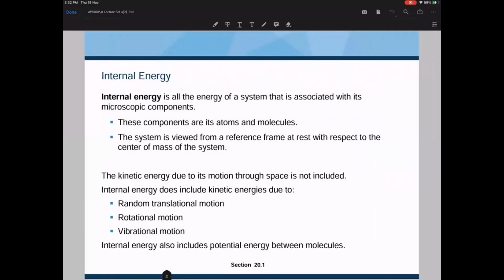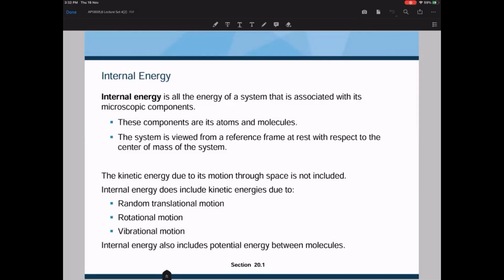And the first one is the internal energy, which is due to the internal motion of the atoms in the system. In the case of gas, it mainly concerns the kinetic energy, although the kinetic energy could also be complicated due to the various types of motion.